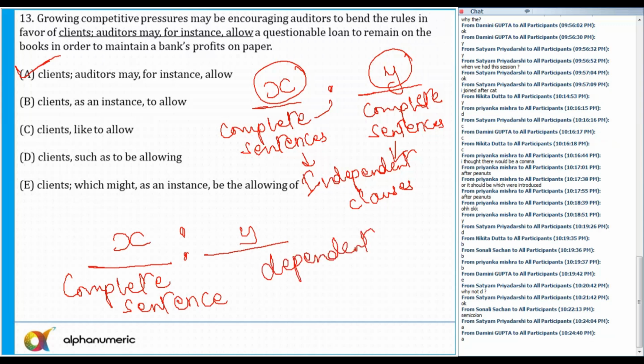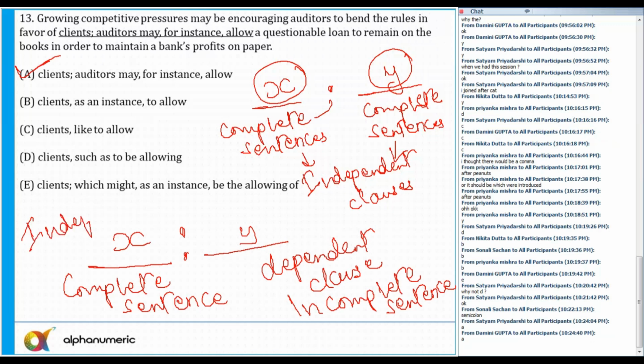It will be incomplete and cannot stand alone as a sentence.